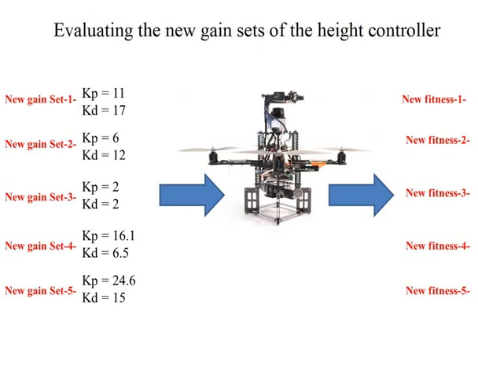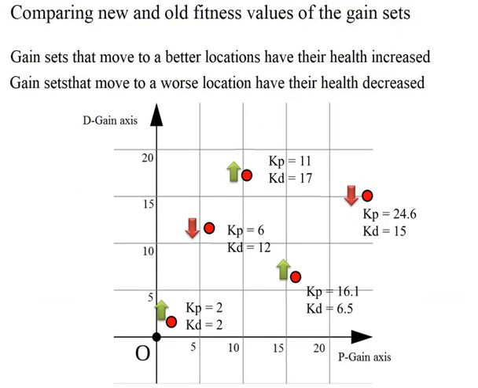Now, these new gain values are evaluated, so they are used to control the quadrotor, and the quadrotor response is found, and then the error is calculated for each set of gains, and finally the fitness value for each set of gains is calculated. Next, the health values of each gain set are updated.